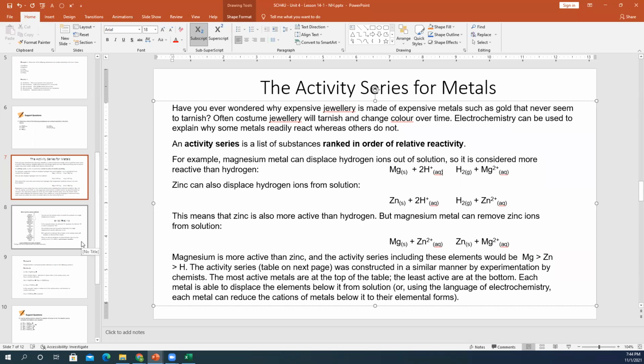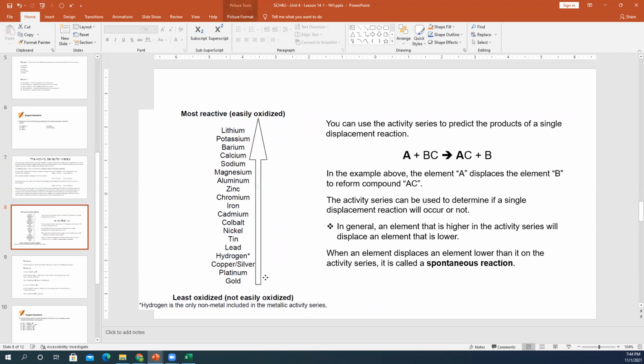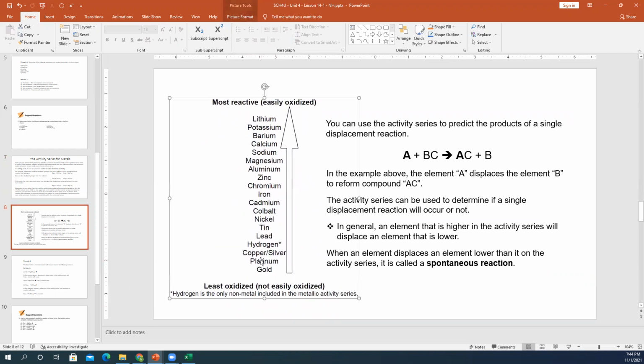So let's take a look at that activity series table. Here it is. So these are the atoms that are most reactive, that are most easily oxidized. And down here are the ones that are least oxidized, meaning not easily oxidized.